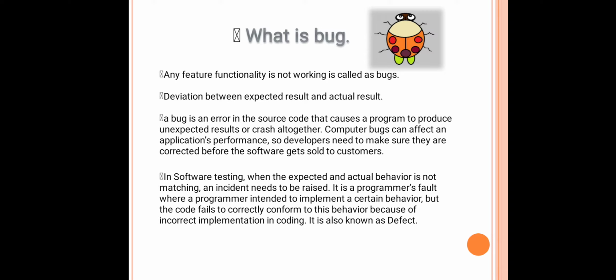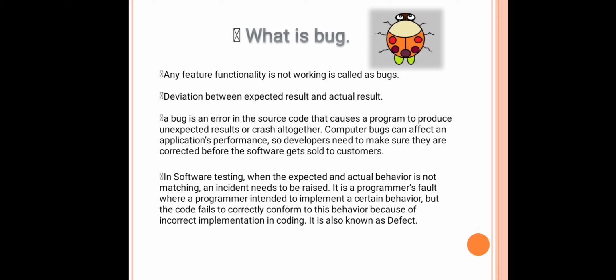A bug is an error in the source code that causes the program to produce an unexpected result or even crash. Computer bugs can affect application performance, so developers need to make sure they are corrected before the software is sold to the customer.